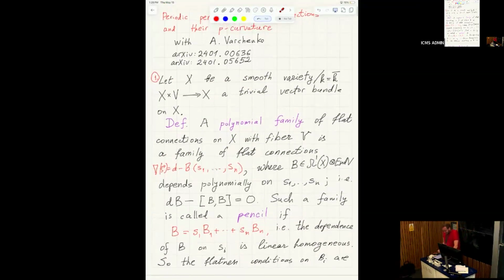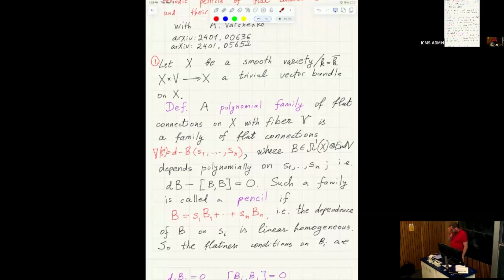And then I make a definition: polynomial family of flat connections. Well, it's just a connection that depends polynomially on some parameters. So this means that it's a family of connections, nabla of S, which is d minus B of S1 through Sn, where S1 through Sn are parameters, like here it would be a, b, and c.